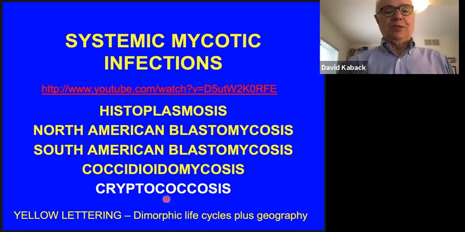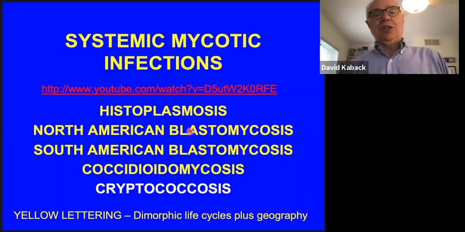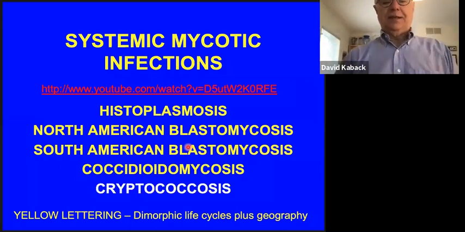The only exception to that geography is cryptococcosis, because the organism is found pretty much everywhere. But all of the others have rather restricted geographies. Part of being able to tell one fungal infection from the other has to do with where they were and where they may have gotten infected.